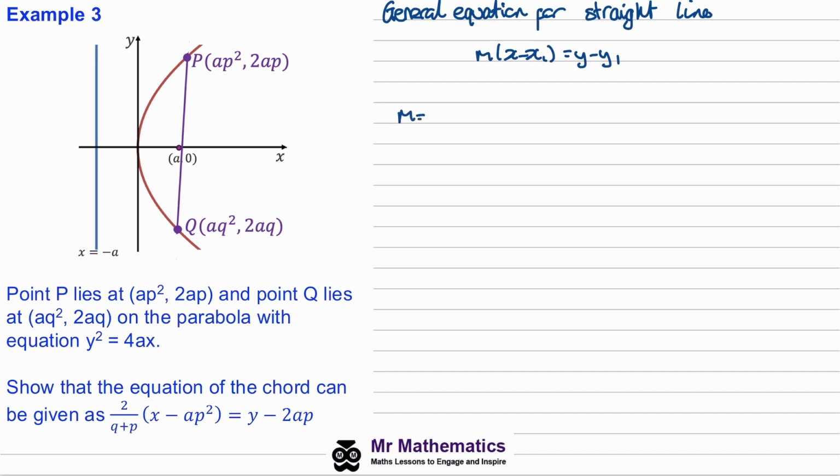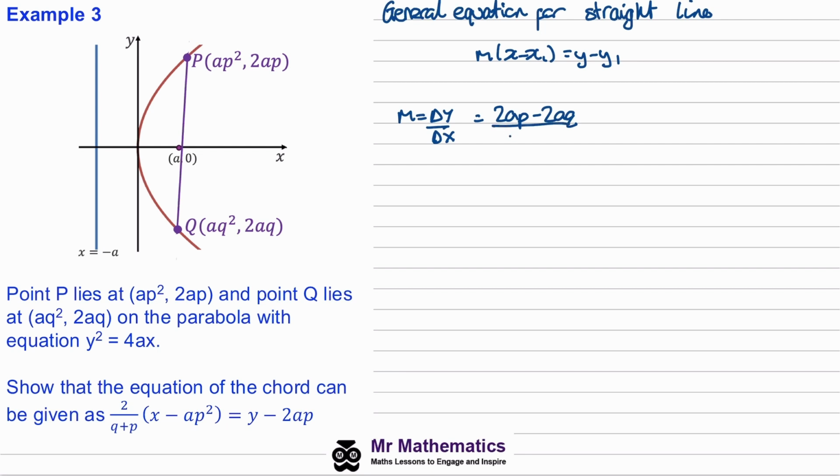And this will be the change in y divided by the change in x between the two points P and Q. So the change in y will be the difference between 2ap and 2aq. So we'll have 2ap minus 2aq. And the change in x will be the difference between ap squared and aq squared.